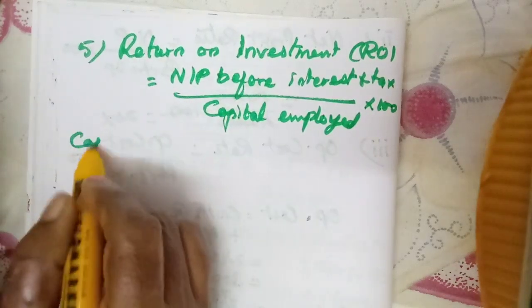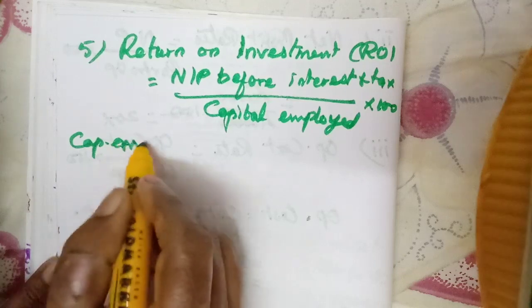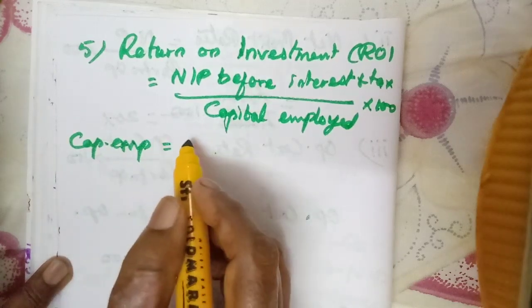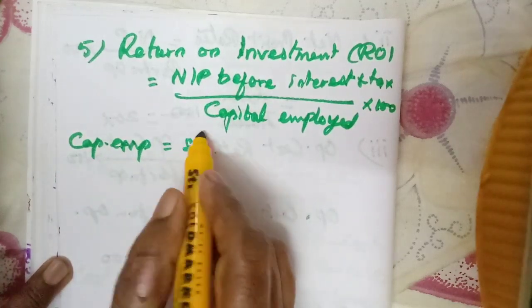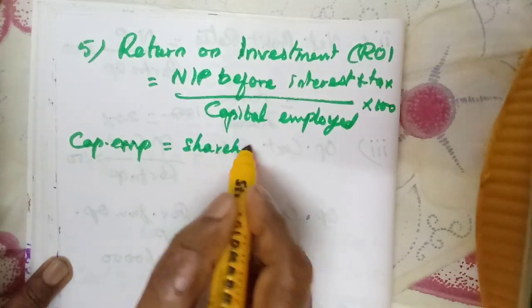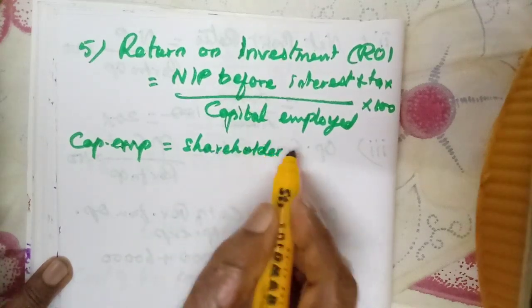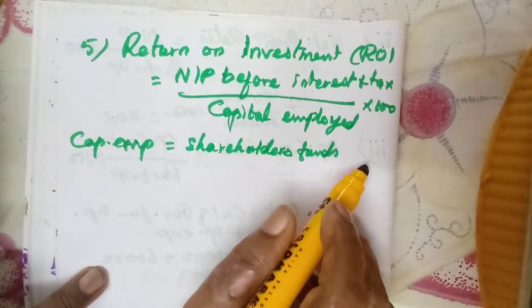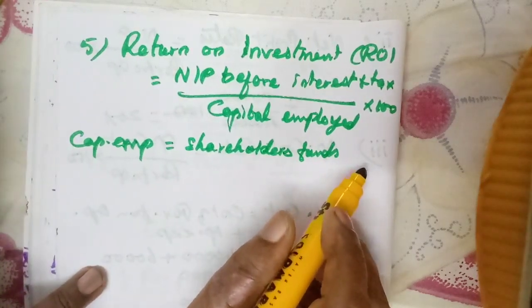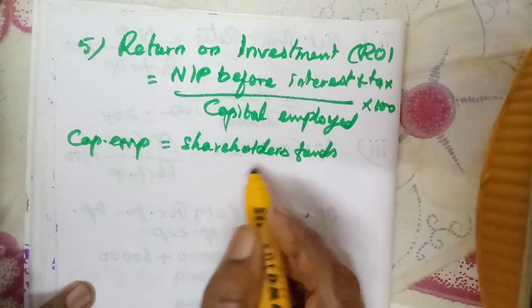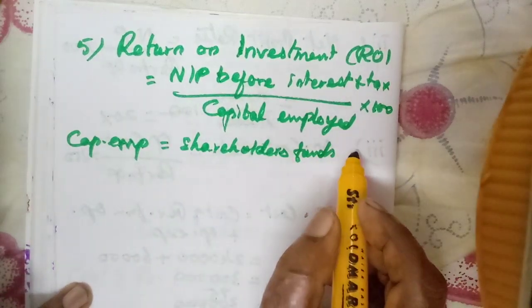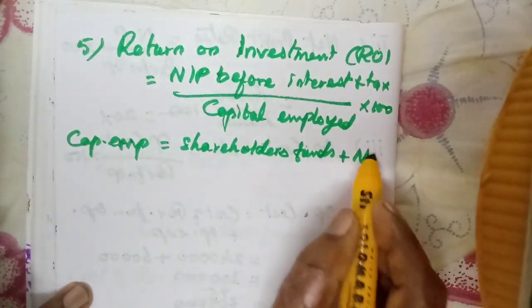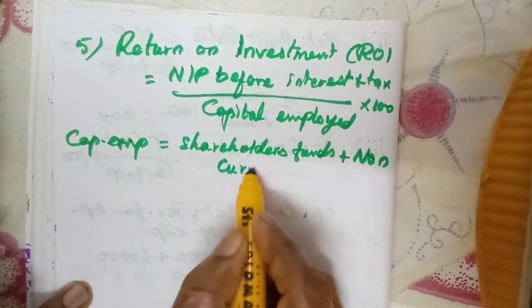Capital employed we have to calculate. It is equal to the shareholders funds. We have studied, isn't it? Shareholders funds: the equity share capital, preference share capital, and reserves and surplus. That is called shareholders funds, plus non-current liabilities.